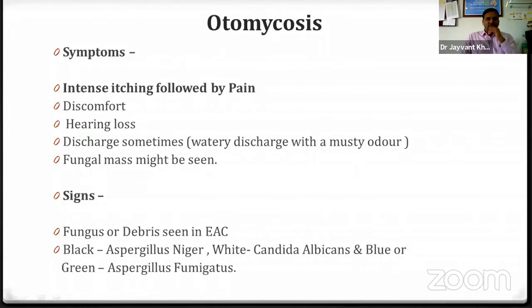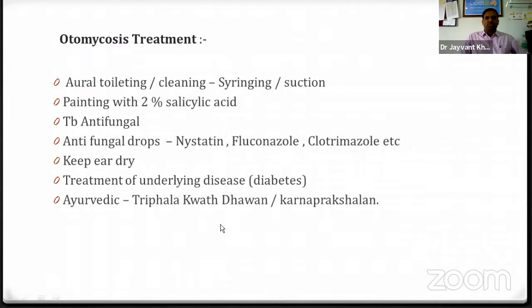Signs: fungus or debris seen in EAC, black for Aspergillus niger, white for Candida albicans, and blue or green for Aspergillus fumigatus. You can see the picture of the colors of the different fungal pathologies. Otomycosis treatment: aural toileting or cleaning with the help of syringing or suction.